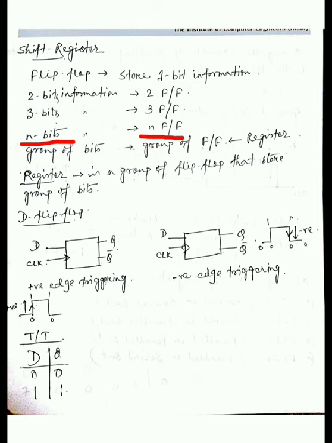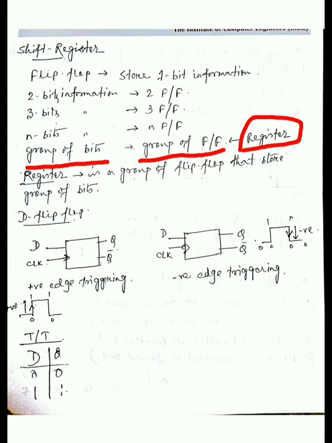Individual 16 flip-flops means they use 16 SR flip-flops, or 16 D flip-flops, or 16 T flip-flops, or 16 JK flip-flops, whichever we require according to our configuration in the register. So a group of bits means a group of flip-flops. A group of flip-flops collectively creates one register.